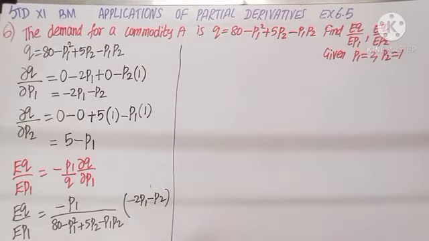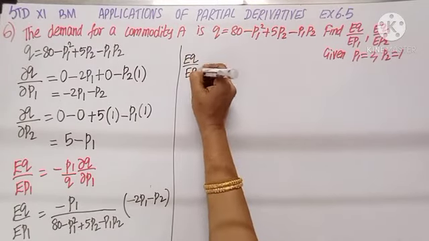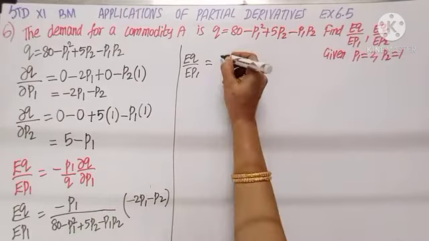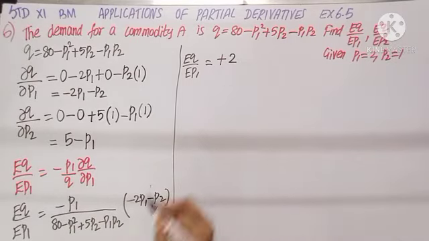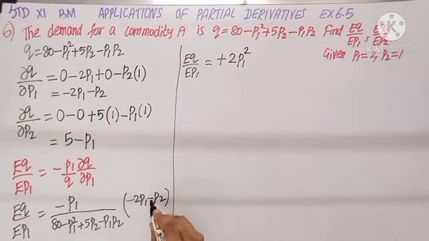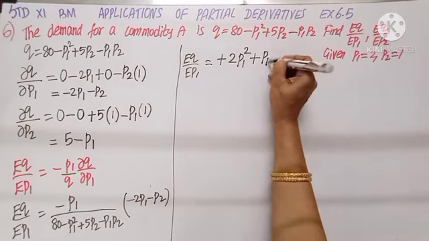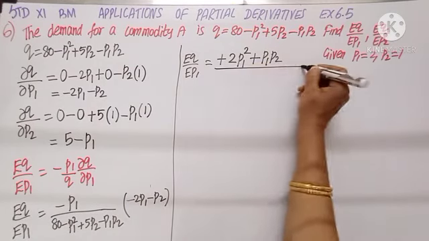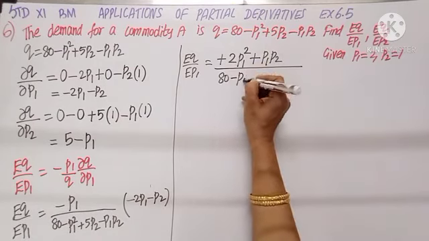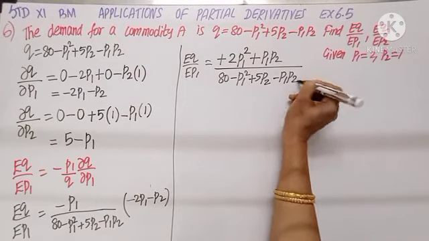As we multiply, EQ by EP1 equals minus into minus plus, 2 into P1 into P1, P1 square, minus into minus plus P1 into P2, P1 P2, over the denominator 80 minus P1 square plus 5P2 minus P1 P2.